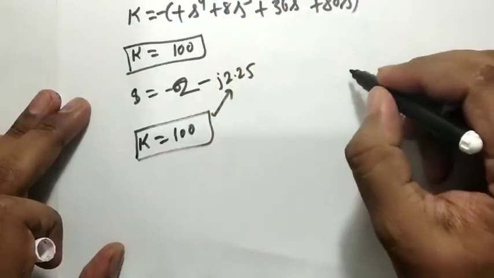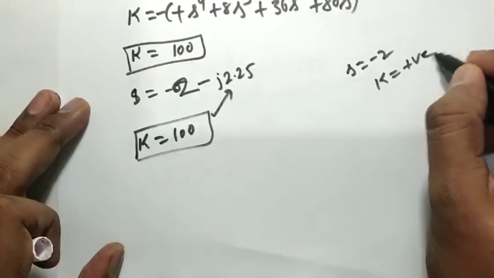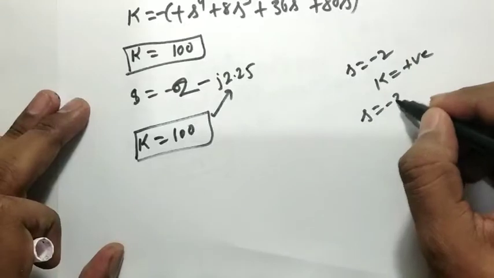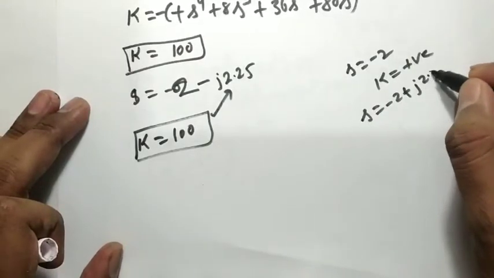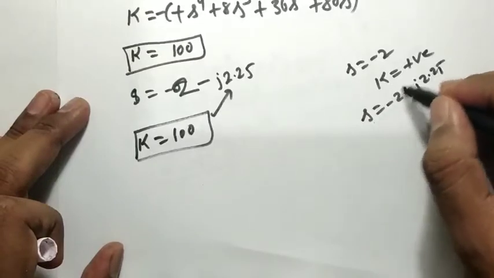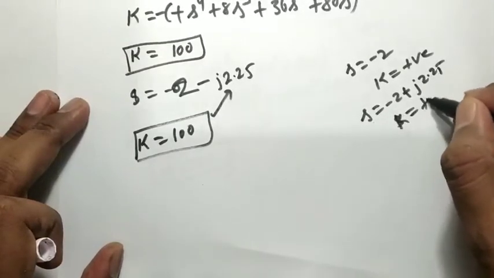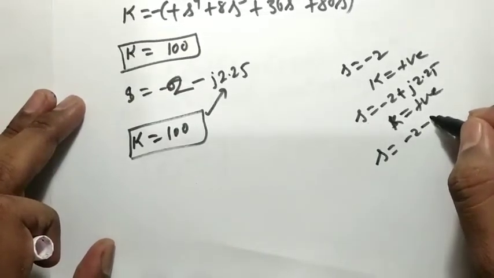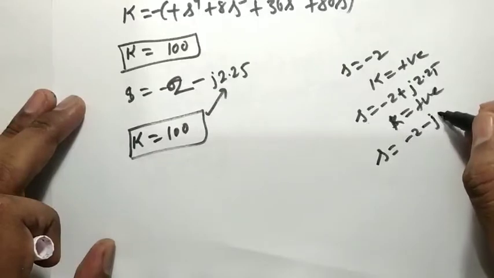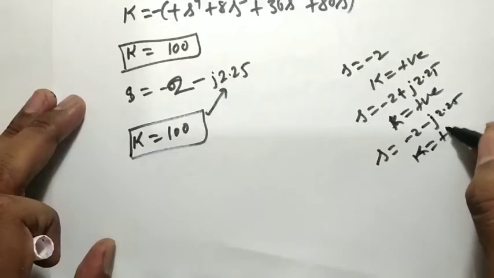When you substitute s is equal to minus 2 plus j 2.25 in the s value, your k value is positive. When you substitute s is equal to minus 2 minus j 2.25, you get k equal to a positive value.